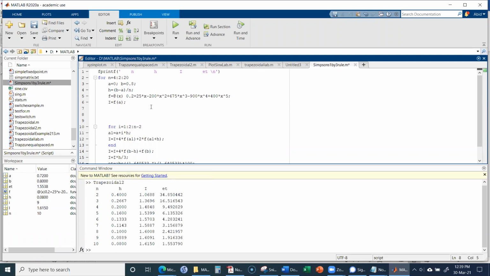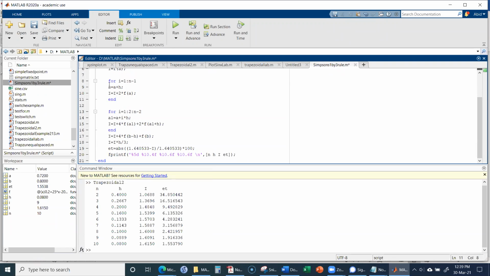This was for the trapezoidal rule, and this is for the Simpsons rule. In the trapezoidal rule, it is 1 to n minus 1. For the Simpsons rule, this for loop is different: from 1 with a difference of 2, up to n minus 2.